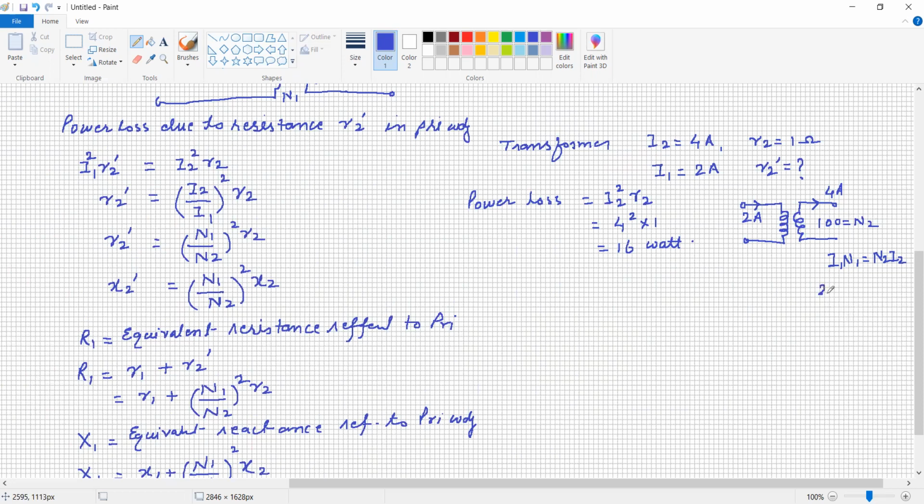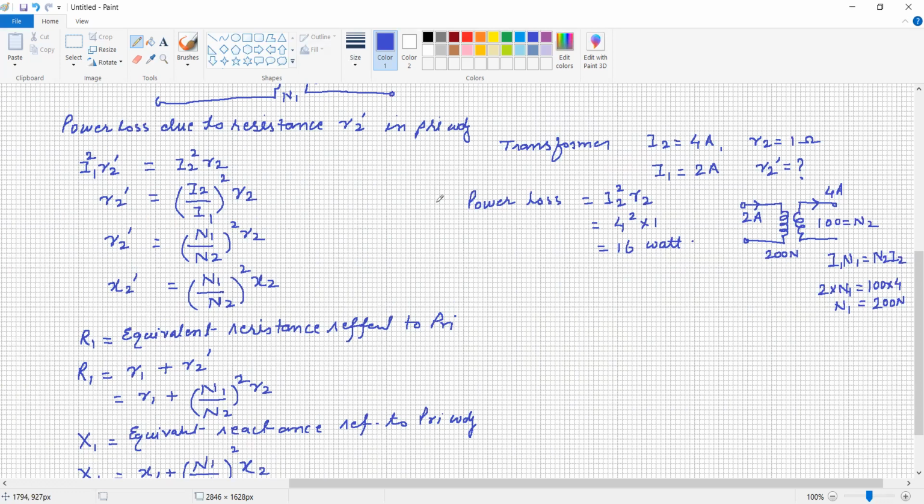Because 2 ampere multiplied by N1 is equal to 100 multiplied by 4. So N1 is equal to 400 divided by 2, it is 200 turns. Okay, so here the number of turns is 200. This is some data which we have taken as a simple example for understanding purpose.